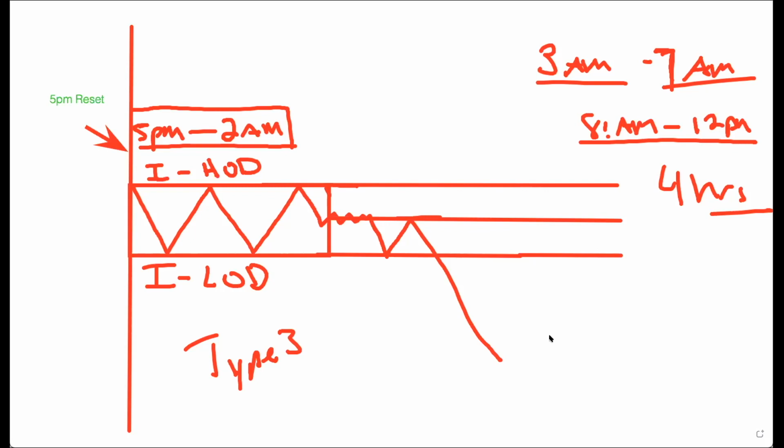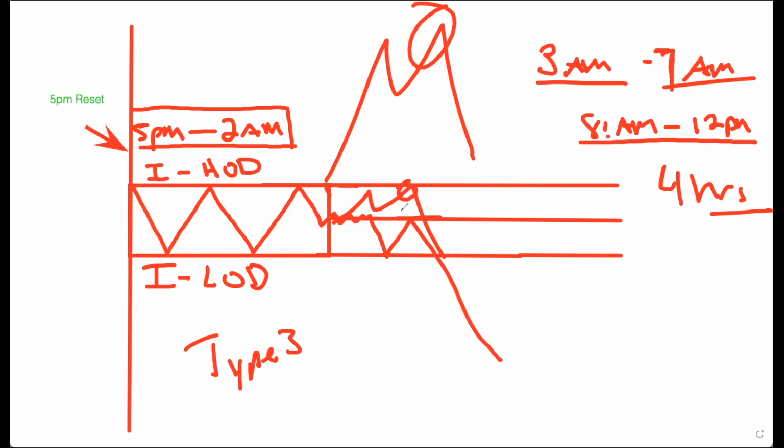Now, very important, when we talk about these patterns, on the second leg of, let's say, a type 1 or a type 2, and then on the one-legged type 3 patterns, the second leg up here or here, what you want to see ideally is going to be one of three things.